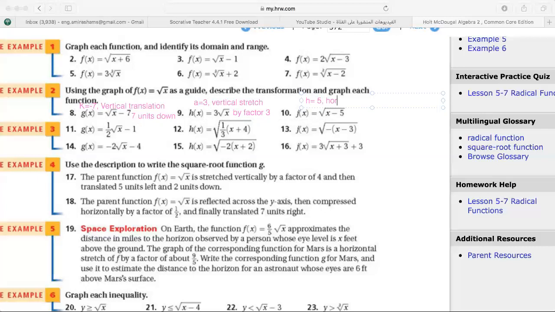So when h is 5, it is a horizontal translation to the right. Horizontal translation 5 units to the right.